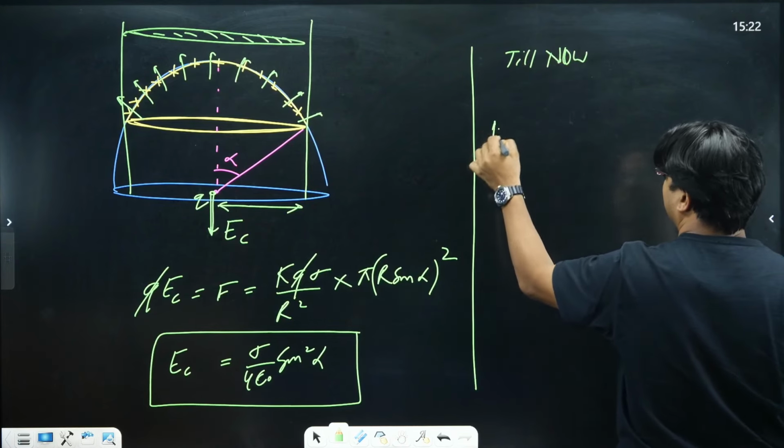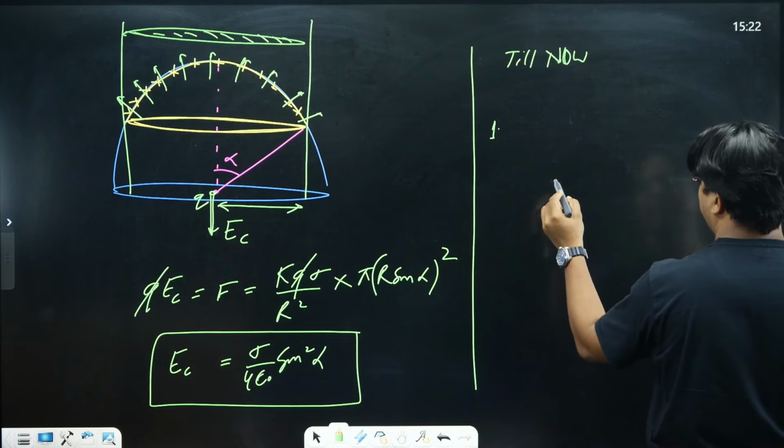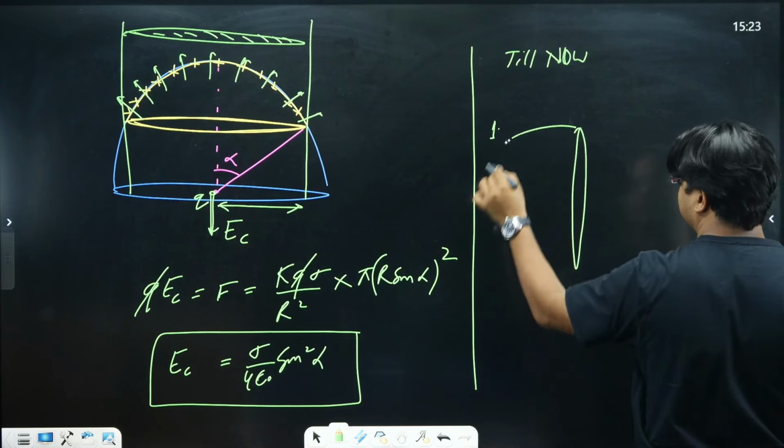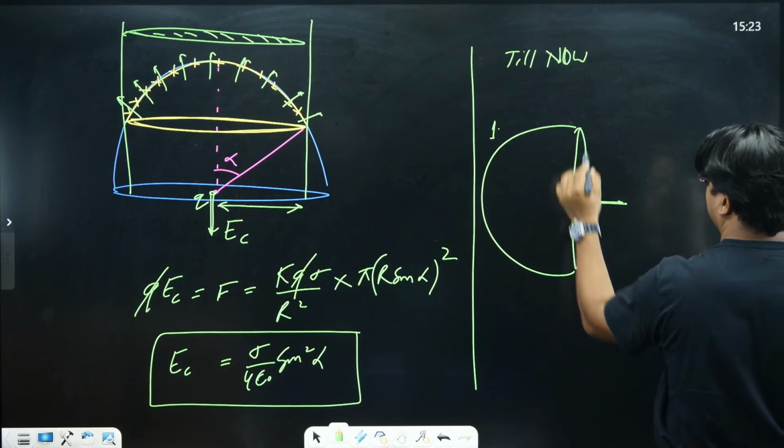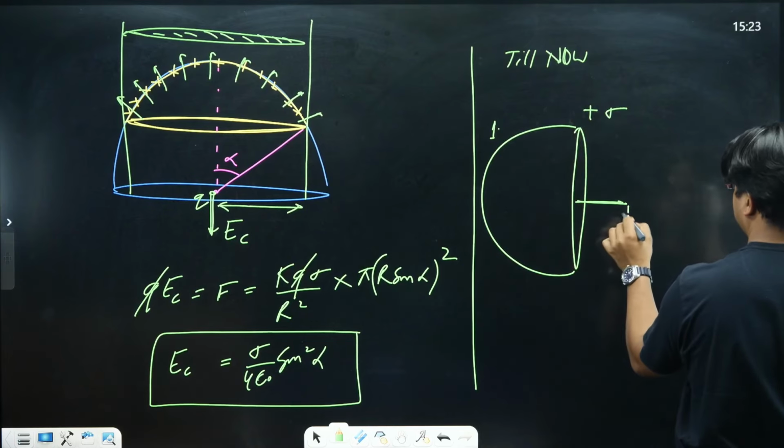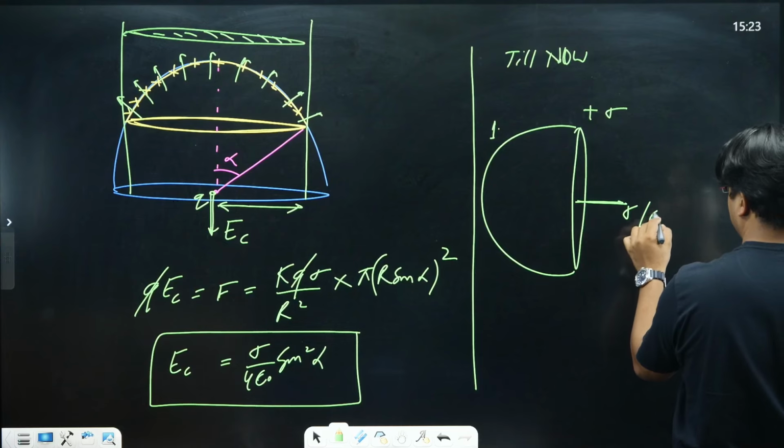The first thing that we learned was that a hemisphere with a uniform charge density sigma produces an electric field of this much.